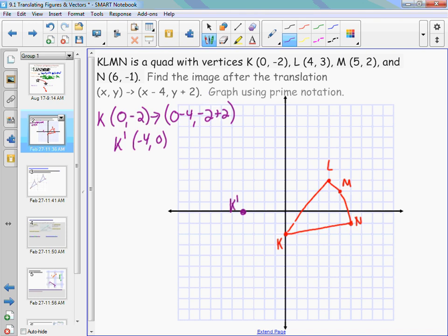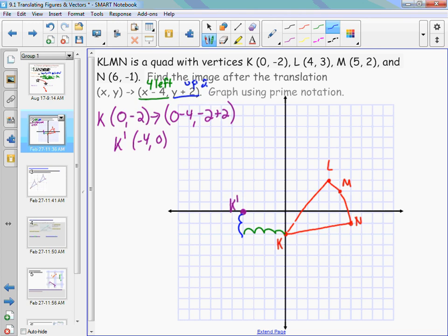The other way to do this is to say we recognize that X minus 4 is 4 left, and Y plus 2 is up 2. So we are going to go from K, we're going to go 4 left and up 2. You can use either method when doing these.